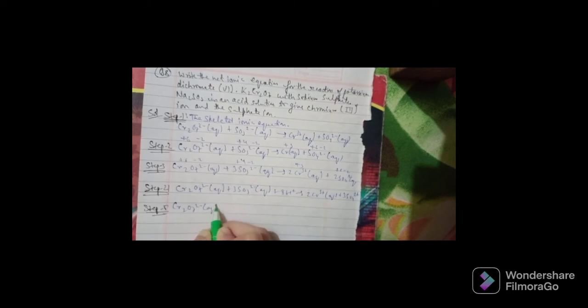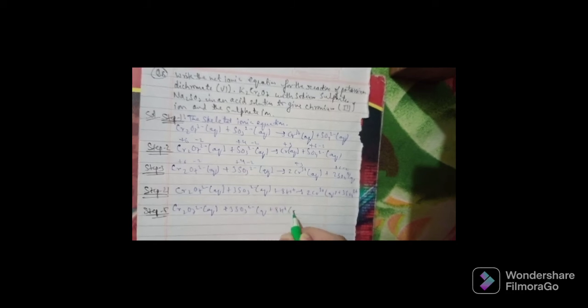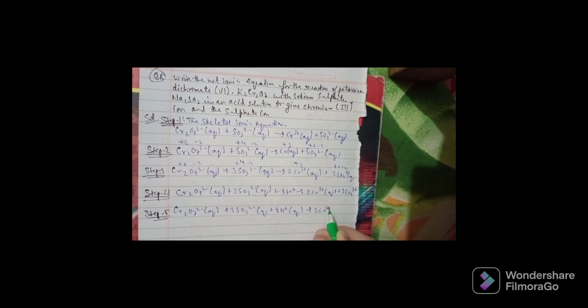So here: Cr2O7 2- (aq) plus 3SO3 2- (aq) plus 8H+ (aq) will give you 2 Cr3+ (aq) plus 3SO4 2- (aq) plus 4H2O (l).